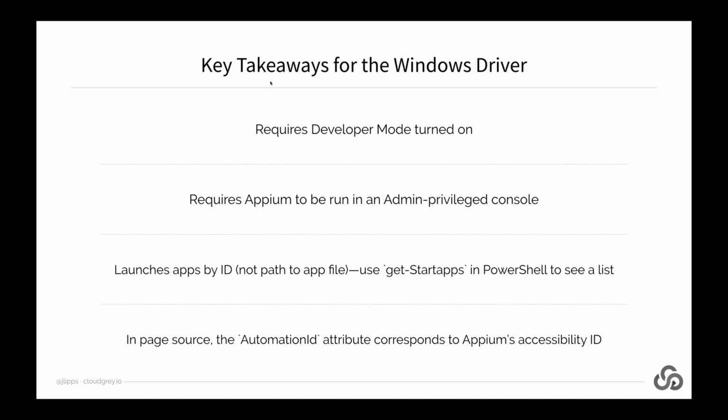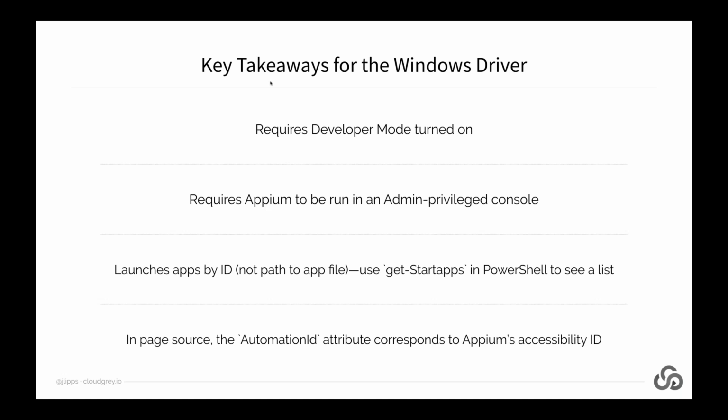I don't remember specifically, I don't use Windows every day. Some of these instructions are available online, but basically you want to make sure that whatever you're running Appium in, whether that's the typical command prompt or PowerShell or some kind of bash equivalent on Windows, it has admin privileges.